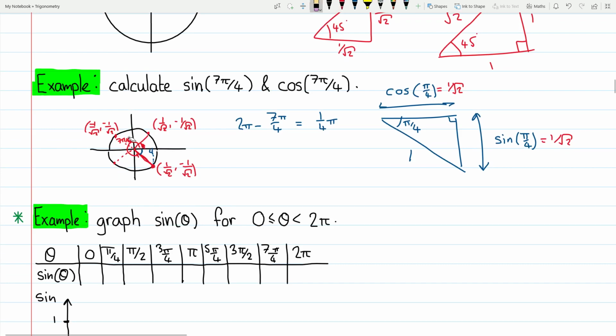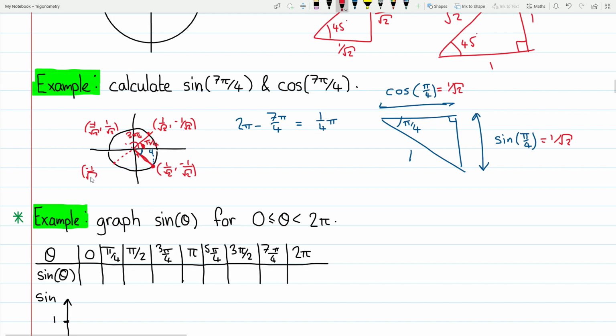If I use the eraser and take out here, and I plug in that, notice how this angle is pi on 4, this angle is 3 pi on 4. Here we're going to have our width is negative and our height is positive.